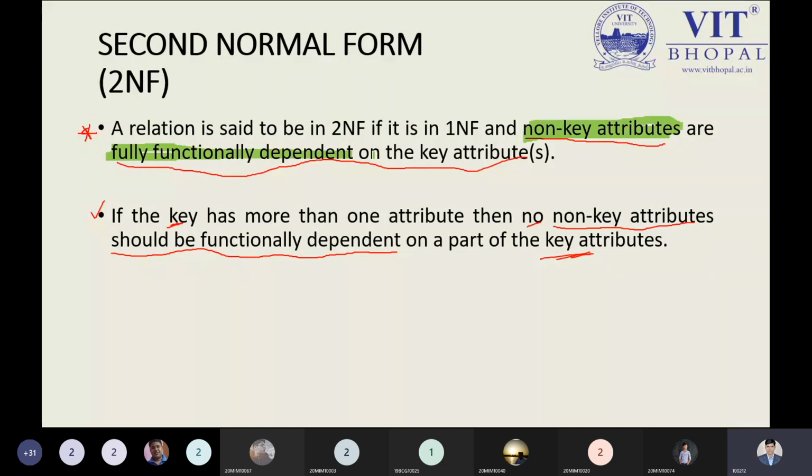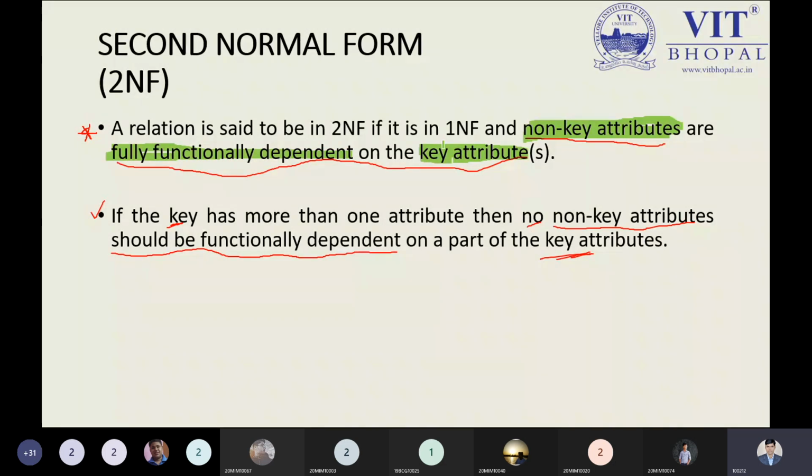It means now we have to check what the key attributes are, and there could be many. So non-key attributes are fully functionally dependent. Fully functional dependent means if you remove one attribute, then your dependency will not be preserved. If that is not happening, then we are not following full functional dependency.